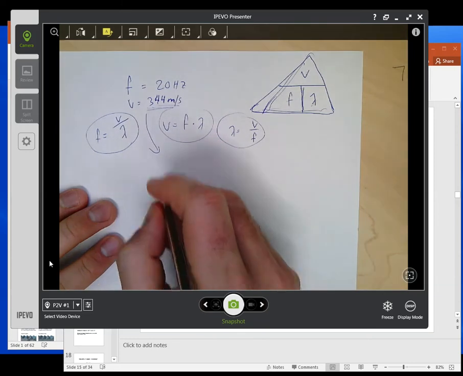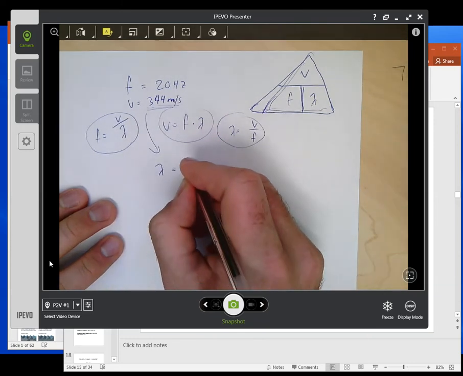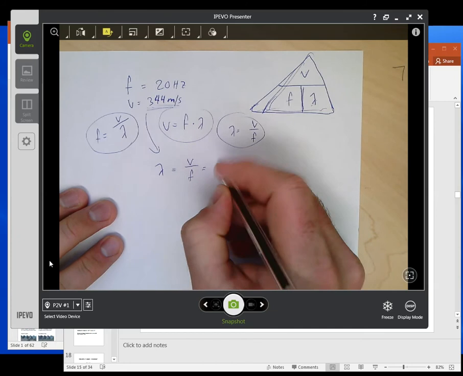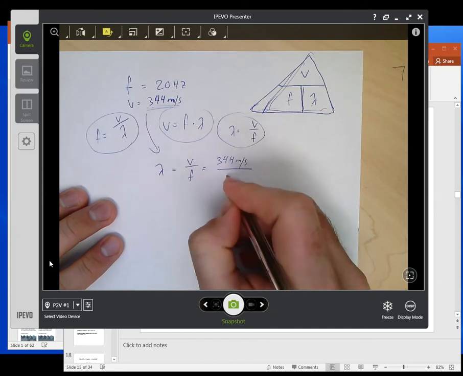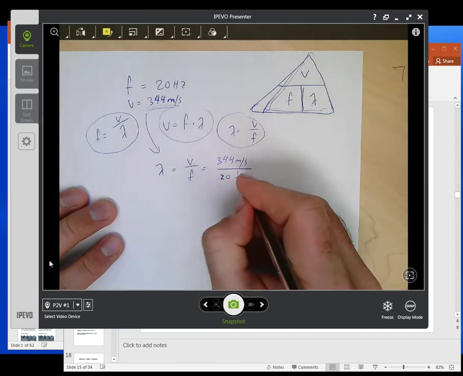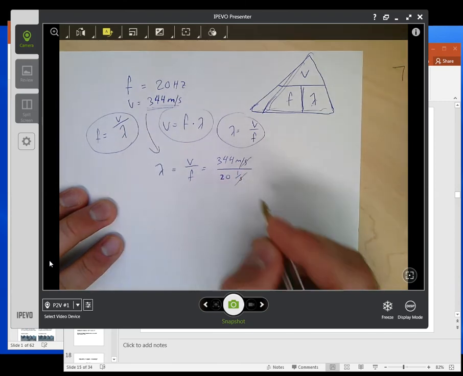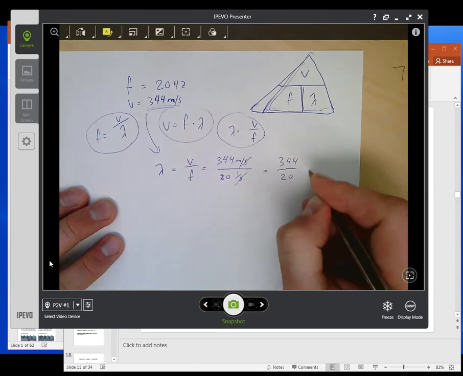So if we want to figure out lambda, the length of the wave, then that's going to be V divided by F. You can see here that that's 344 meters per second divided by 20. And the F is a 1 over second, so the 1 over seconds cancel out, and we're left with 344 divided by 20.